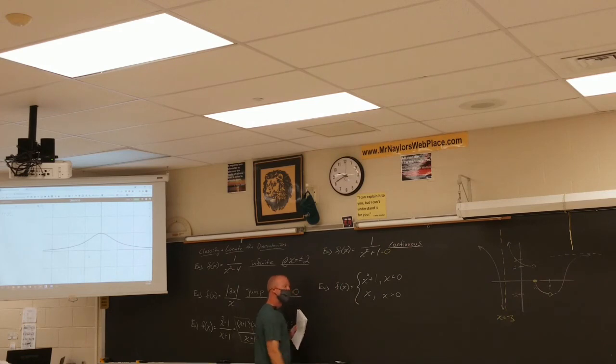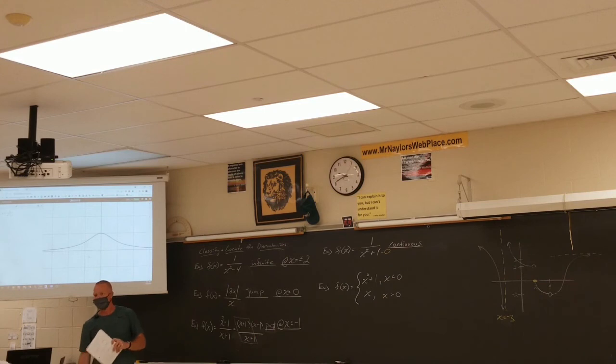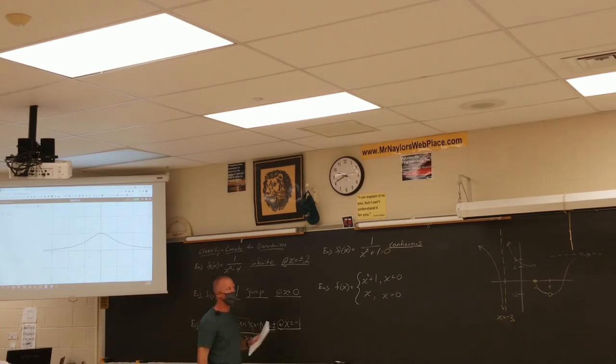But you wouldn't be the first student to say, whoa, wait a minute, you changed things up on me. Well, I'm trying to make you realize, no, I didn't change things up. It's just that it's a piecewise function.